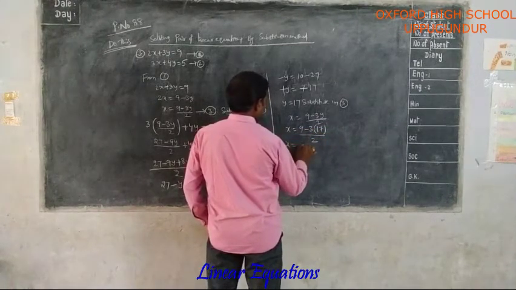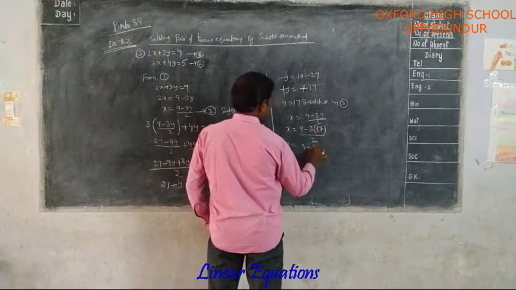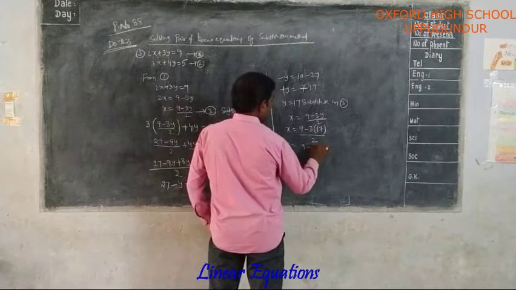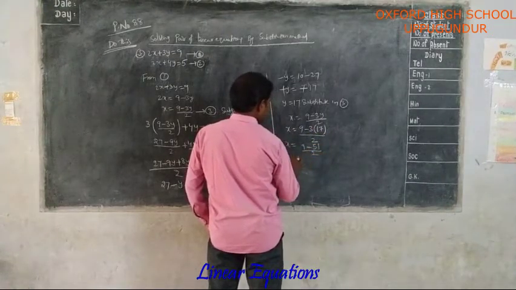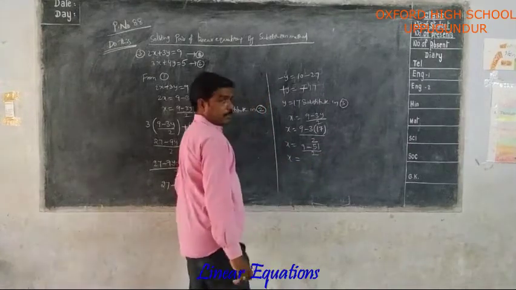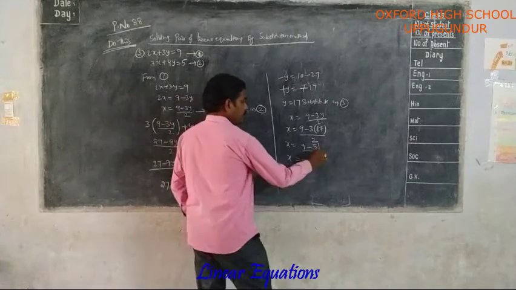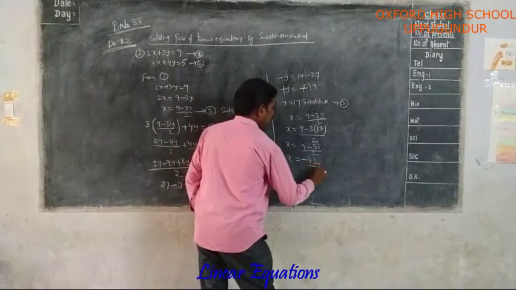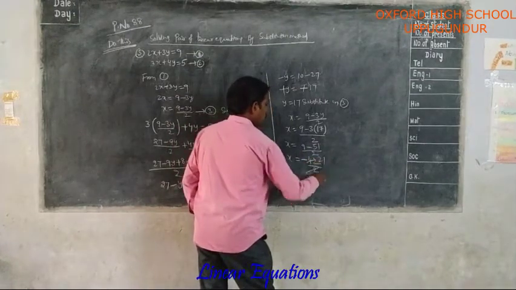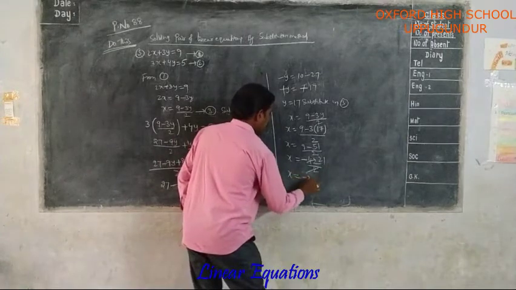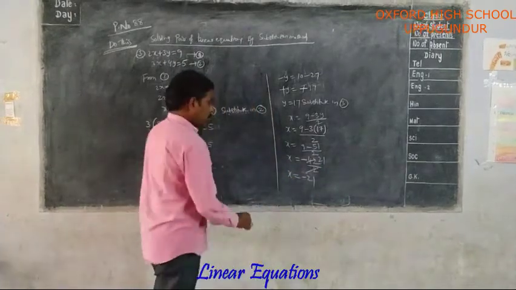So x equal to 9 minus 3 7s 51 by 2. So x equal to 9 minus 51, 42 by 2, 2 21s are 42. So x equal to minus 21.